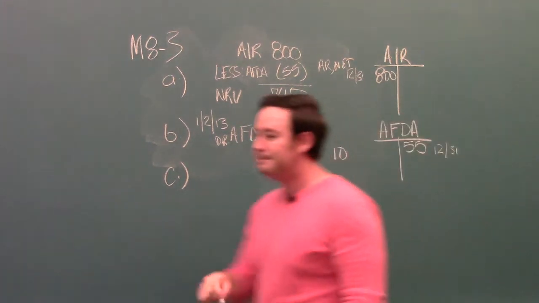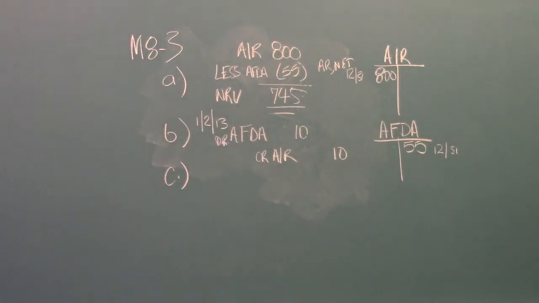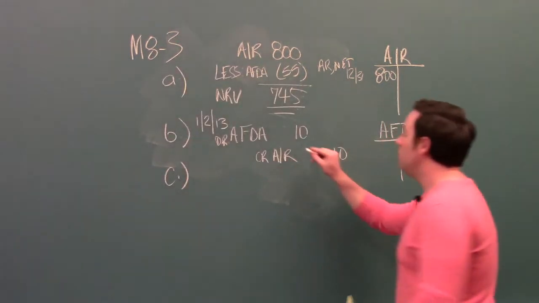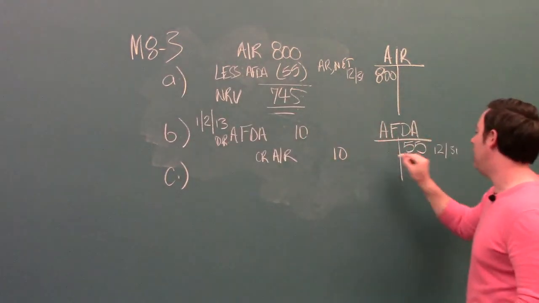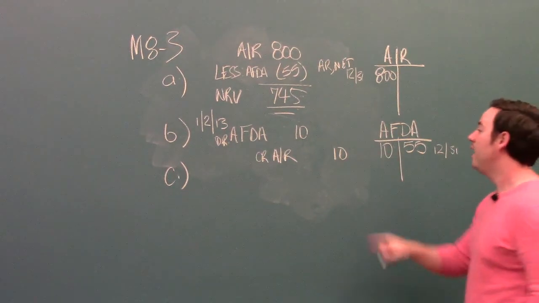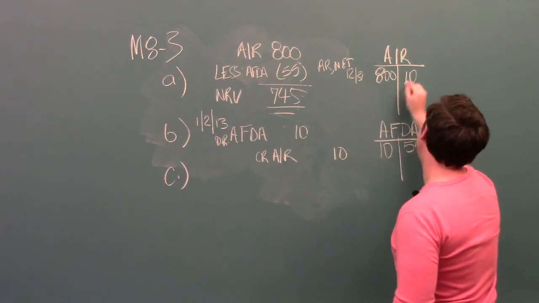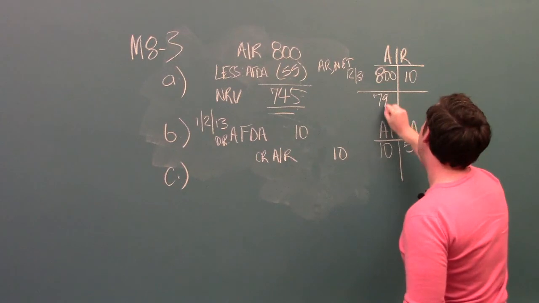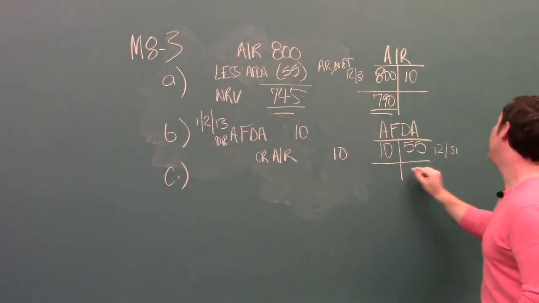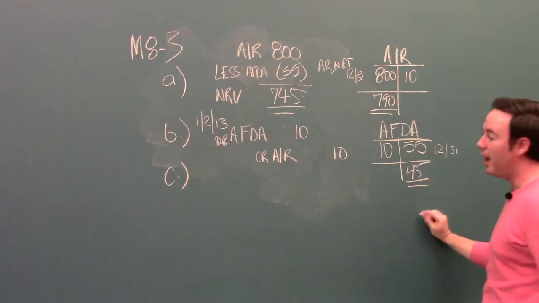Part C asks us on January 3rd, 2013, what amount do we then expect to collect? On January 3rd, 2013, notice what's happened. We've reduced the allowance for doubtful accounts by 10, right? And we've reduced accounts receivable by 10. If we look, we have a 790 balance here and a 45,000 balance here, right?